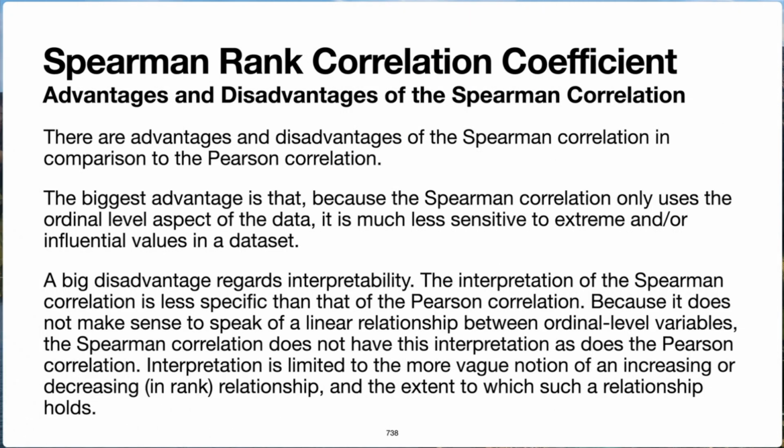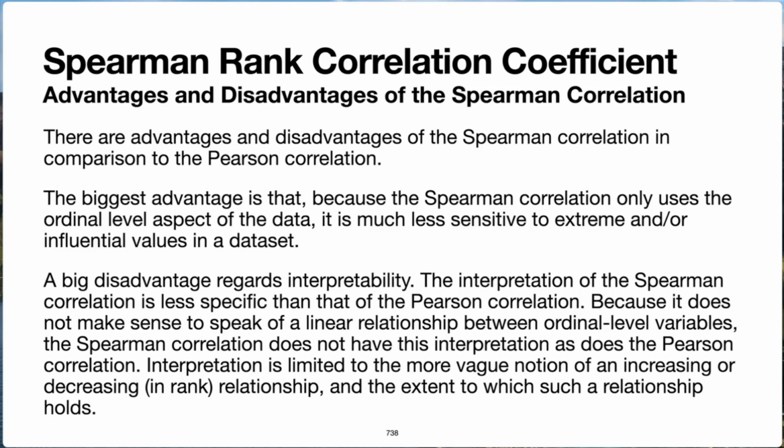All right, so let's now look at some advantages and disadvantages of the Spearman correlation. So there are advantages and disadvantages of the Spearman correlation in comparison to the Pearson correlation. The biggest advantage is that because the Spearman correlation only uses the ordinal level aspect of the data, it is much less sensitive to extreme and/or influential values in a data set.